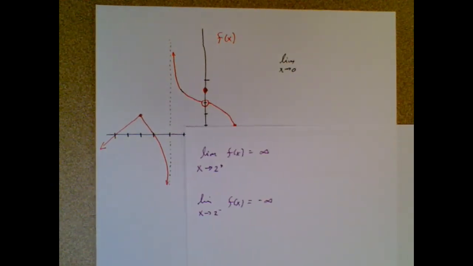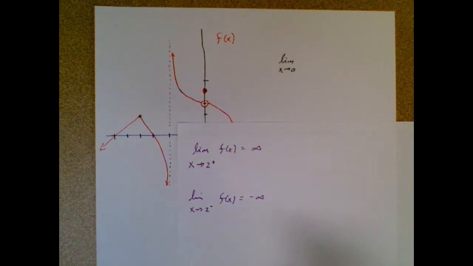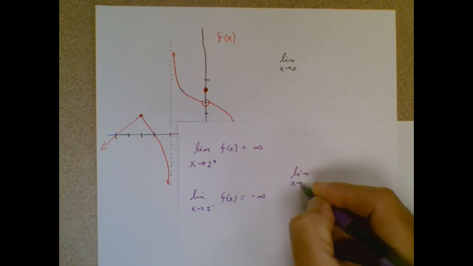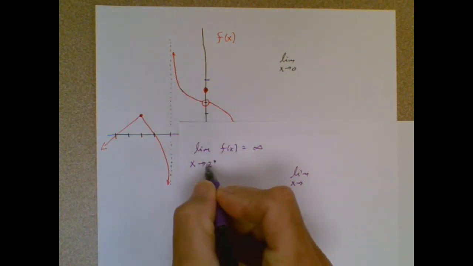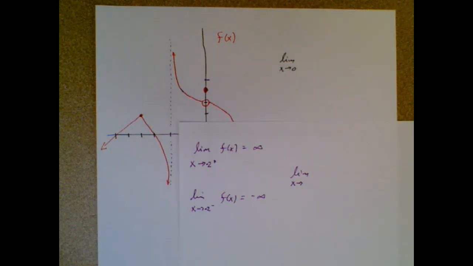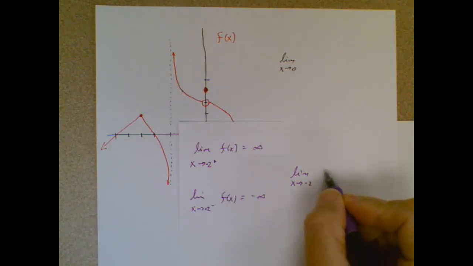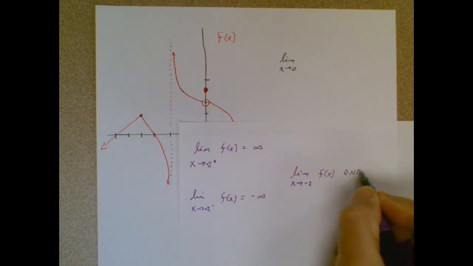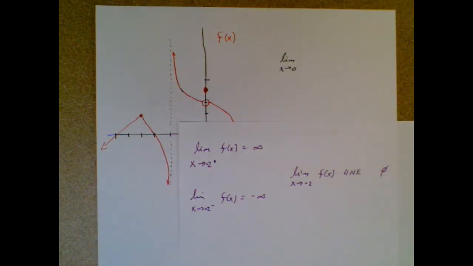So we would write this in math language, and then we would say the limit as x approaches, you know what? This is a negative 2, isn't it? As I approach negative 2 from the right, and as I approach negative 2 from the left, I'm getting different answers. So the limit as x approaches negative 2 of f of x does not exist, or that.